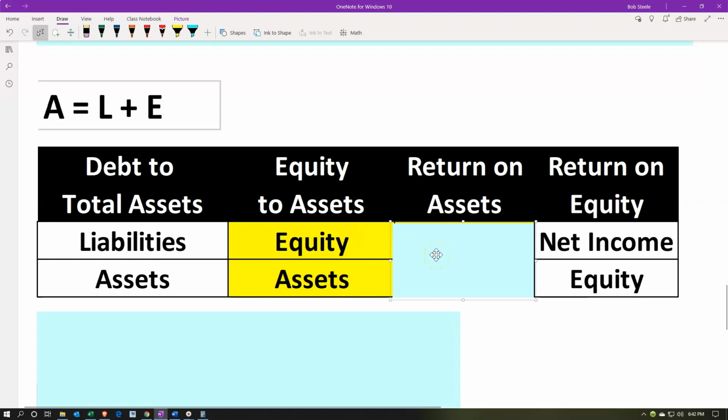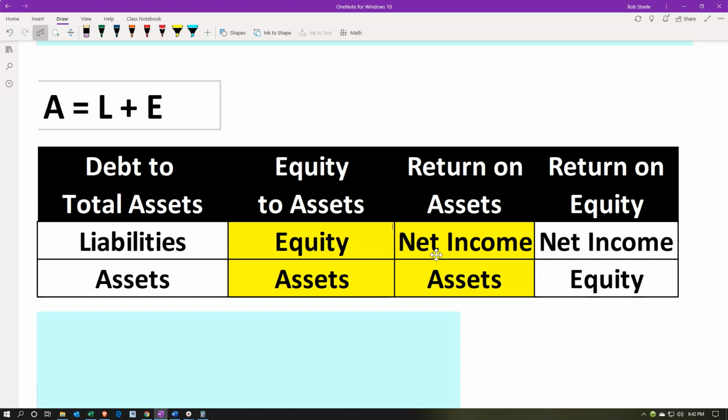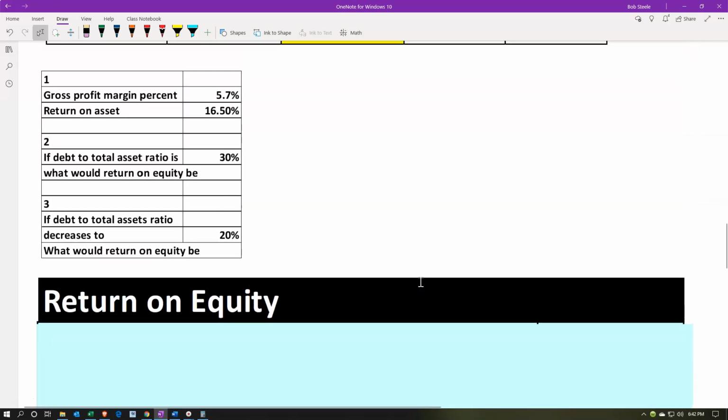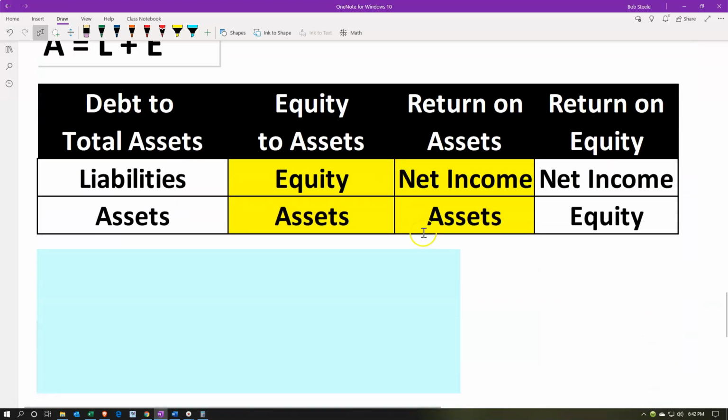And then if we think about the return on assets, that is net income divided by assets, and we were given the return on assets here. So now if we compare these two, we can get to the equity to assets and the return on assets, and we want to end up with net income over equity, which is the return on equity.